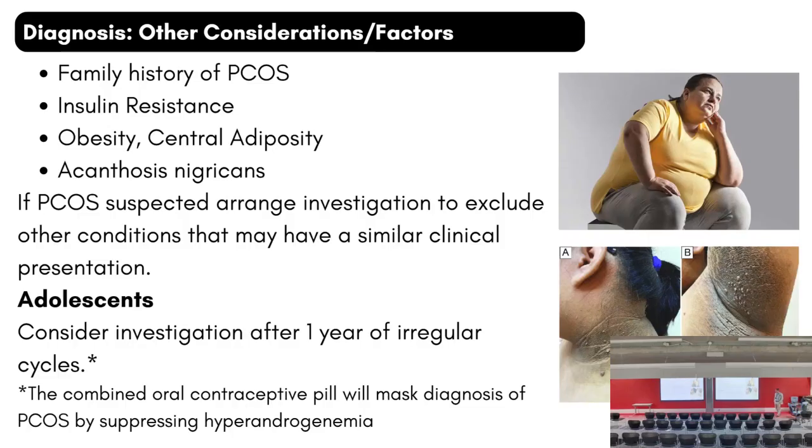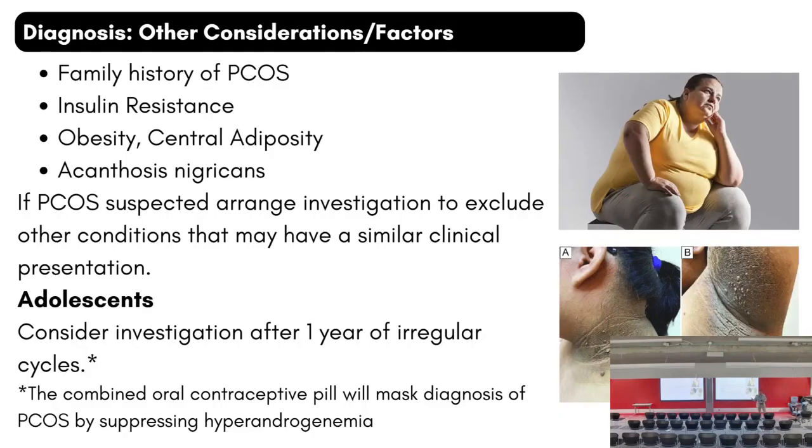There are other factors, though, that you might want to consider if we're looking at PCOS. So if someone has a family history of PCOS, if it's been diagnosed based on the previous criteria, then it's quite possible that they're also potentially suffering from PCOS if they only have 1 of the 3 symptoms, or if they have 2 of the 3 symptoms and they have a family history, then you can probably be even more assured that you're seeing PCOS being present.